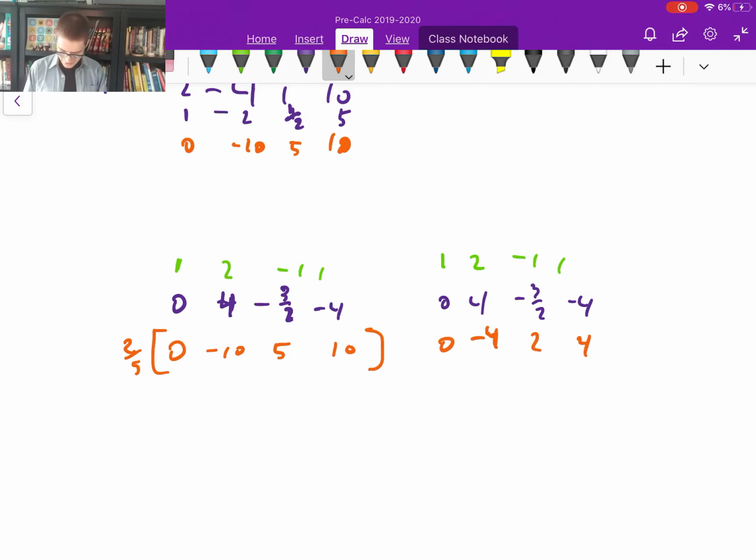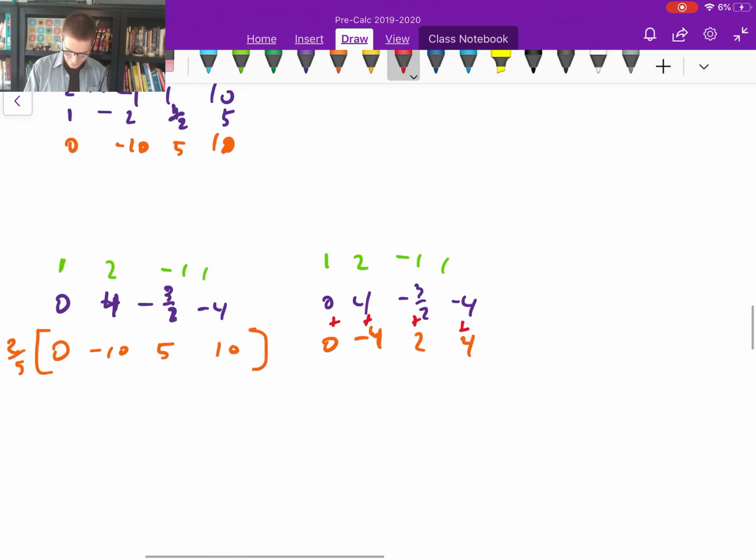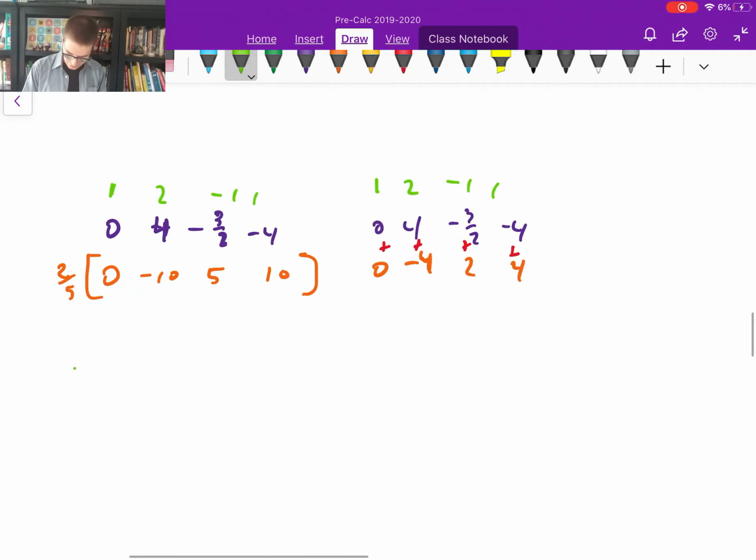All right. And so now we can add these, the purple and the orange together to get rid of that orange section. So that gives us 1, 2, negative 1, 1. Then 0, 4, negative 3 halves, and negative 4.